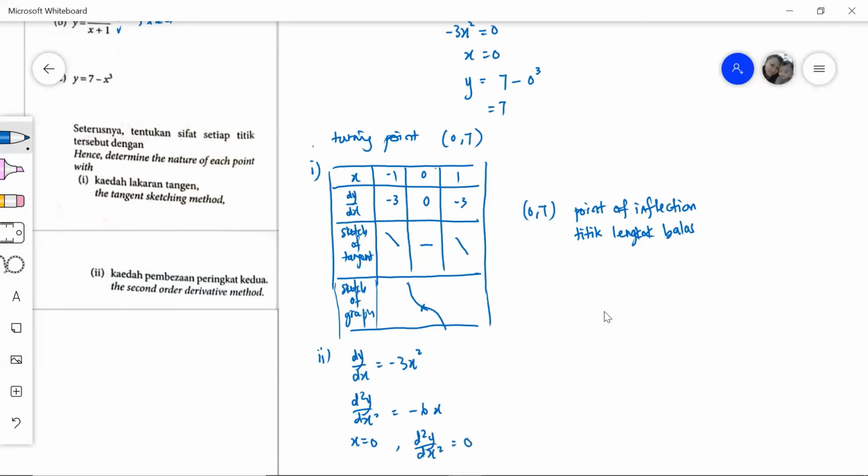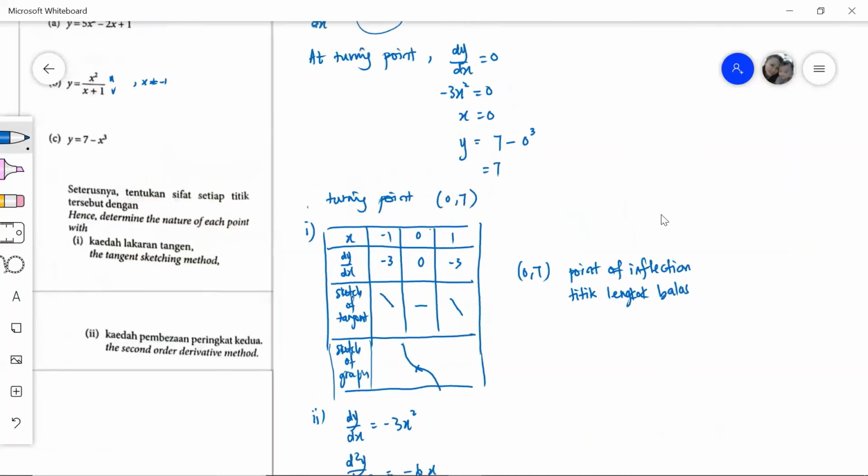So when your dy/dx is 0 and second order derivative is also equal to 0, then we can make the conclusion that (0, 7) is a point of inflection. Or titik lengkok balas. Okay, so that's it for question number 29.